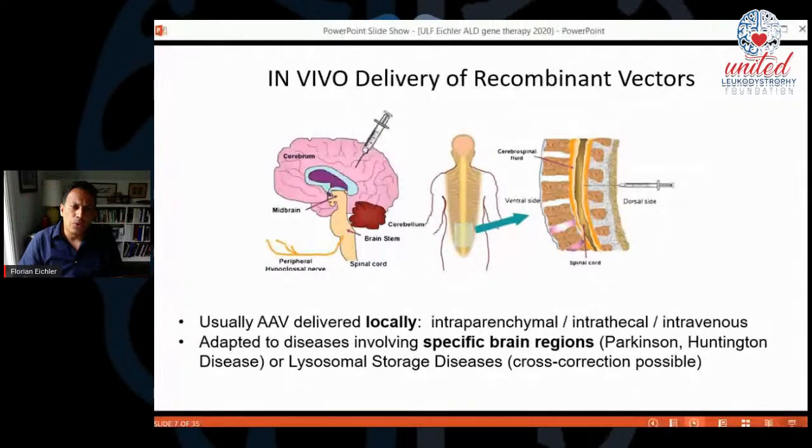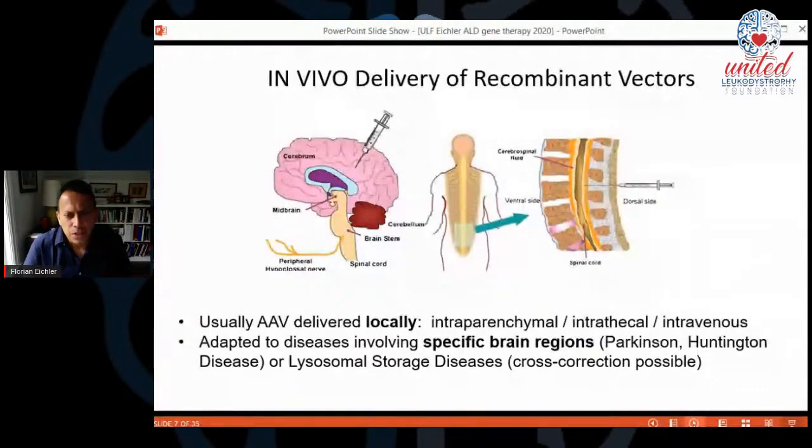So here to demonstrate the different routes that in vivo AAV-mediated gene delivery has taken. Usually AAV is delivered locally into the brain directly, as shown here on the far left, or intrathecally into the spinal fluid, in some cases intravenously if you want more systemic coverage and need the liver also delivered to.